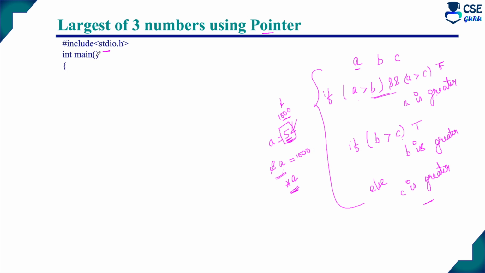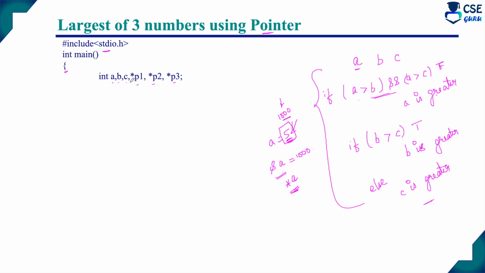Then the main function, which represents the start of the program. The first statement inside the main function is the local declaration. Whatever local declarations are required, we have to use them here. So here A, B, C, three variables we are going to use, and star P1, star P2 and star P3. All these are pointer variables.